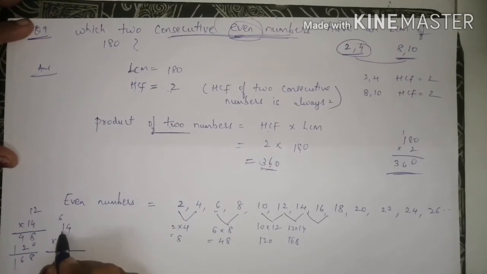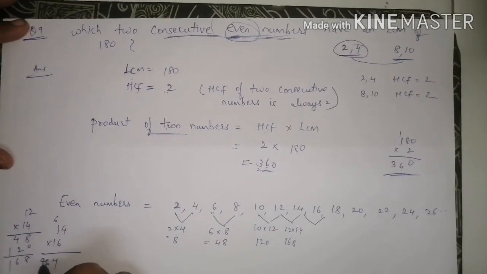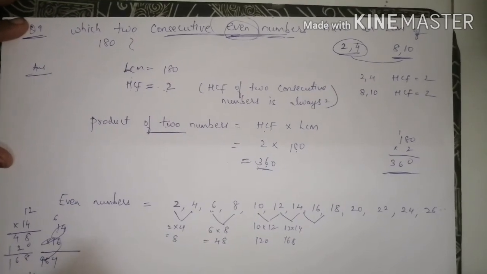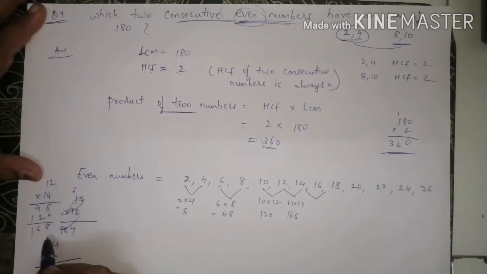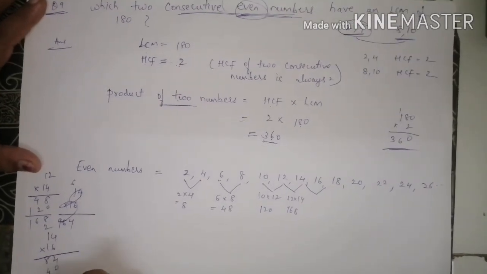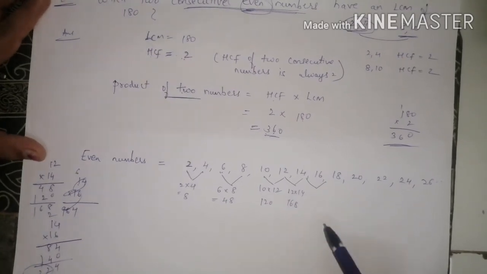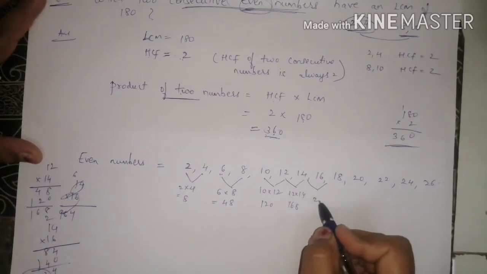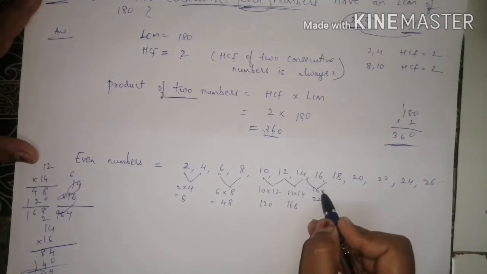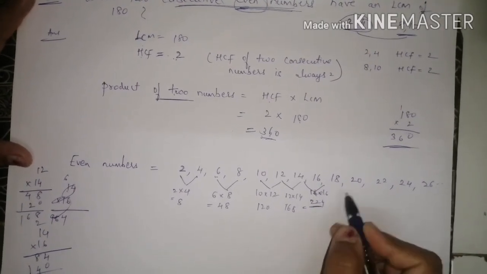Something wrong I've done. 6 4s are 24, 6 1s are 6, 6 plus 2 is 8, 1 4s are 4, 1 1s are 1. We got 224. 14 into 16, we got it as 224.